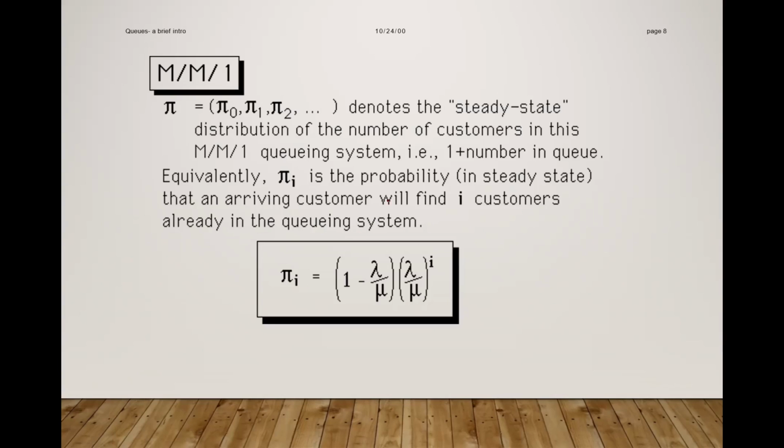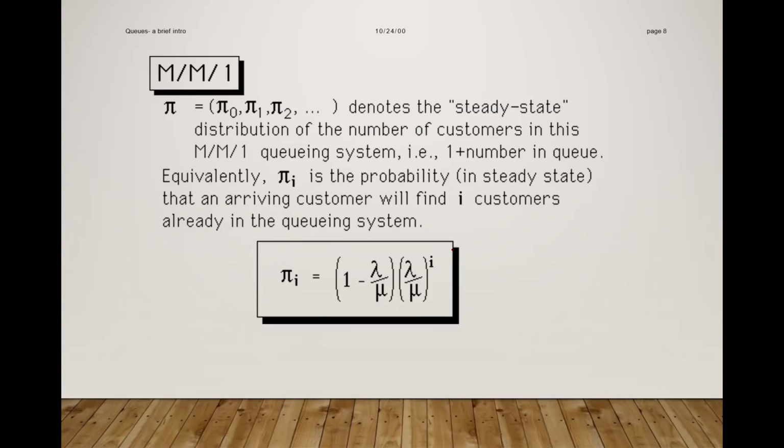So how do we denote the probability? Very simple: (1 minus lambda over mu) times (lambda over mu) raised to i. Okay, so that's the probability.